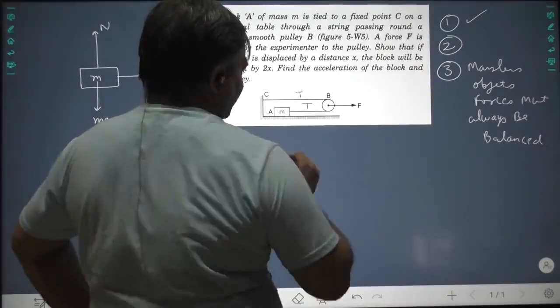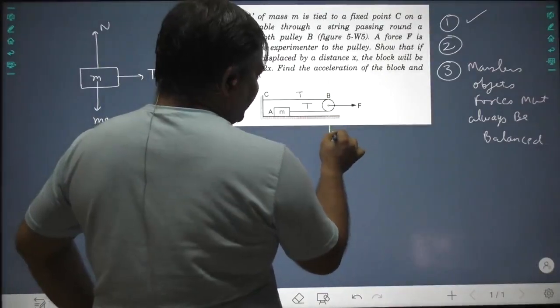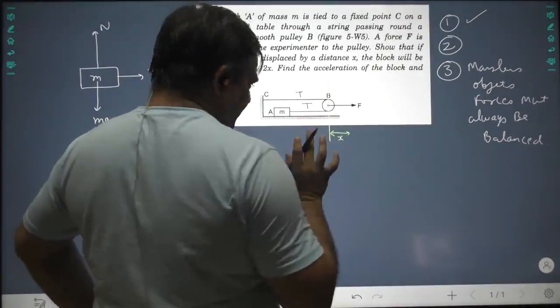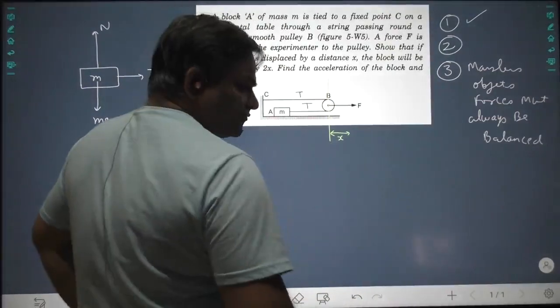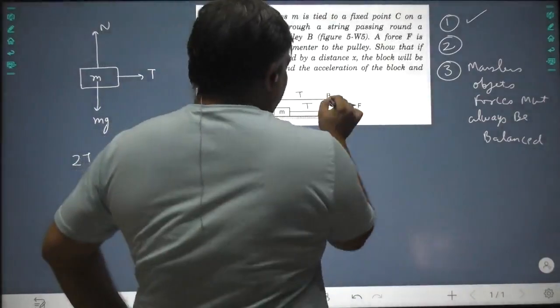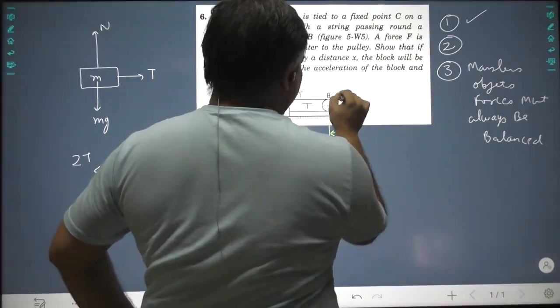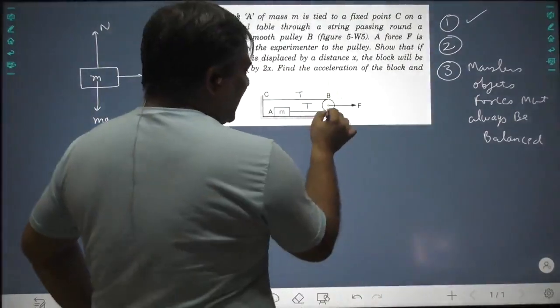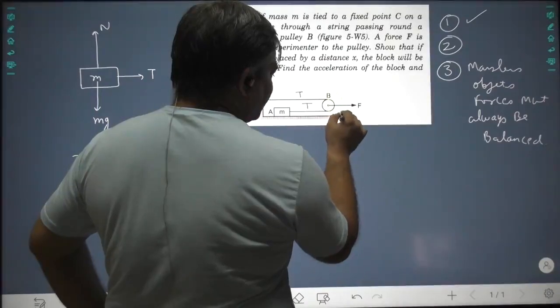If this particular B moves x distance, this means that here the string gets extended by x distance, and here also the string gets extended by x distance.